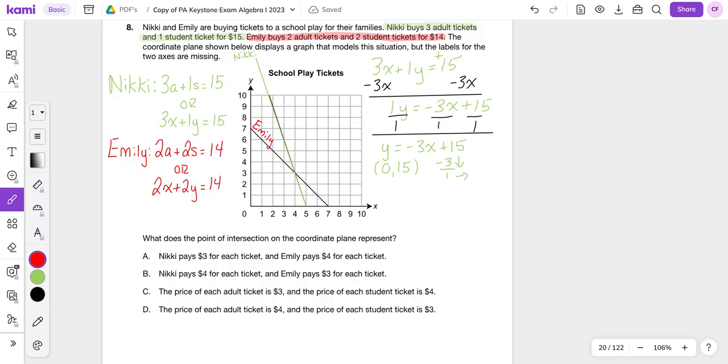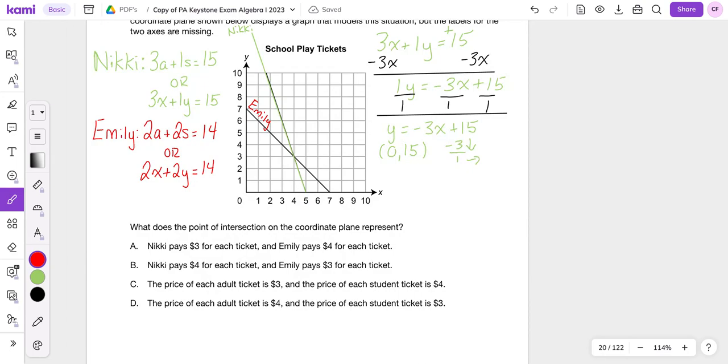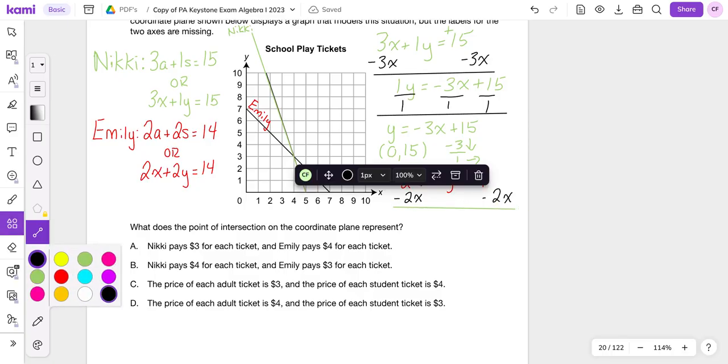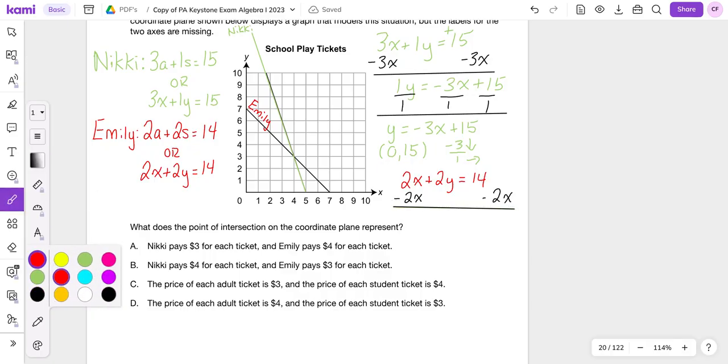If I convert 2x plus 2y equals 14 into slope-intercept form, subtract that 2x from both sides, like we did the 3x in the other one. From here, we get 2y equals negative 2x plus 14.